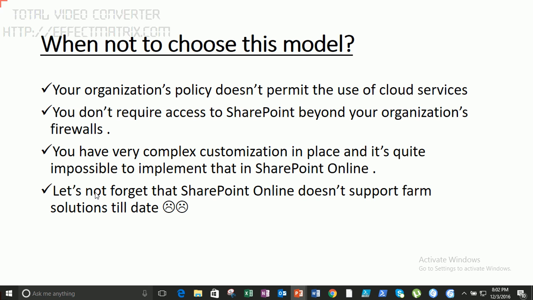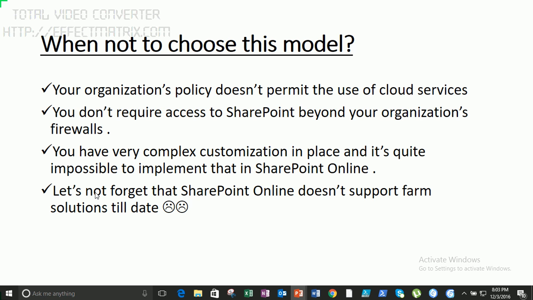So what I'm trying to tell from this is, whenever you're trying to move towards SharePoint Online, or towards SharePoint Hybrid, try to study your environment, try to understand all the customizations, speak to your vendors, speak to the developers who developed the customization, and make sure that it is possible to have the same customizations in SharePoint Online as well. If you just can't do it, then I don't think you're going to get the complete benefit out of it, right?